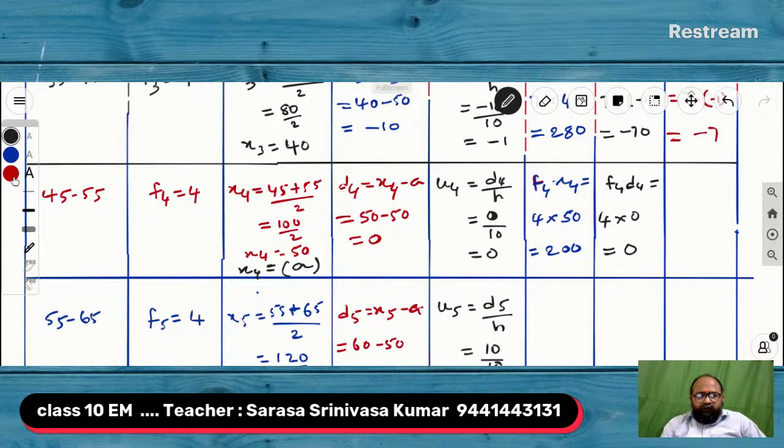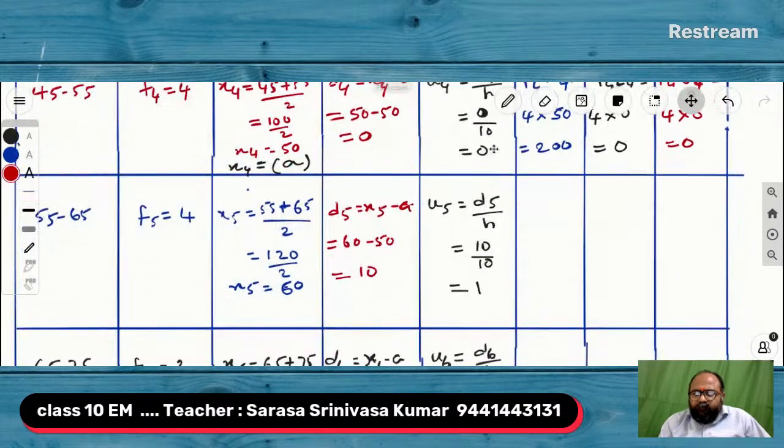Now we calculate F4 U4. This is equal to 4 multiplied by 0. F4 is 4, U4 is 0. So we get F4 U4 equal to 0.